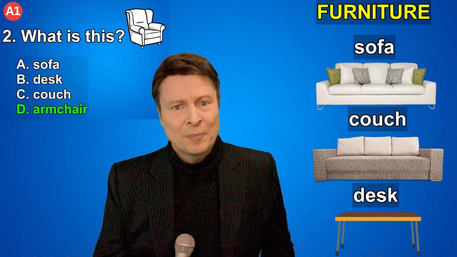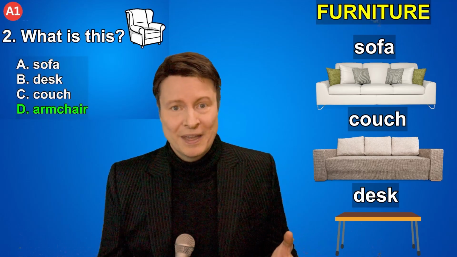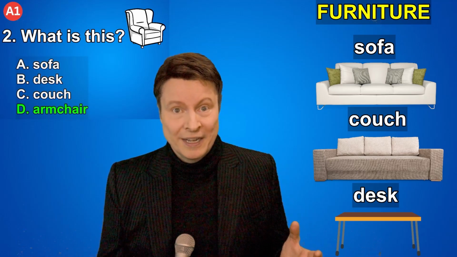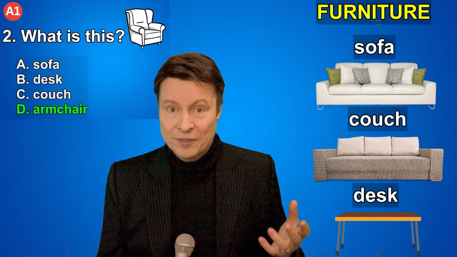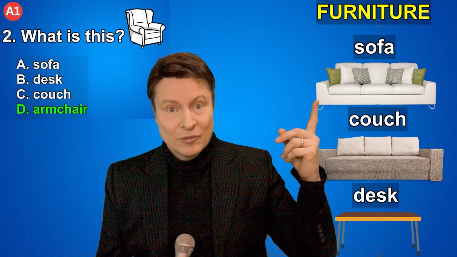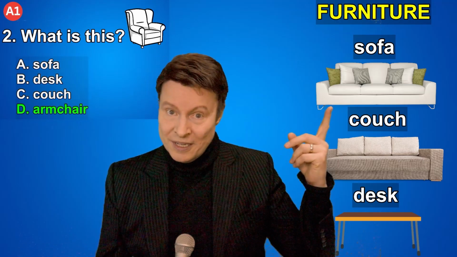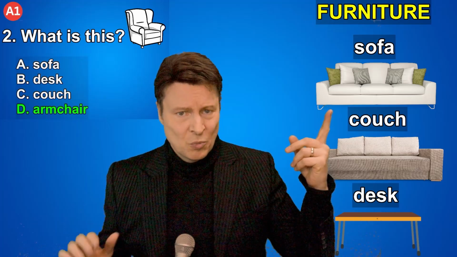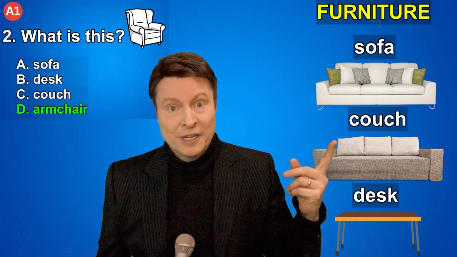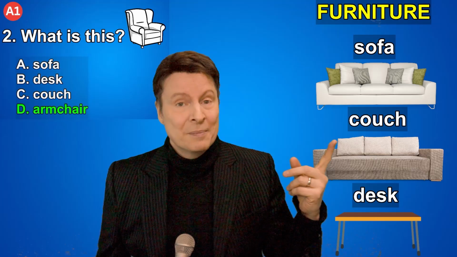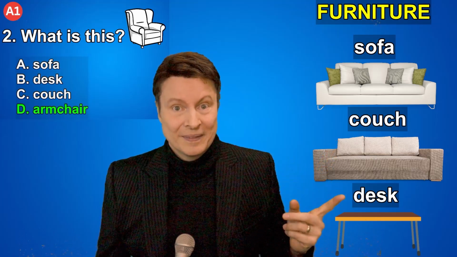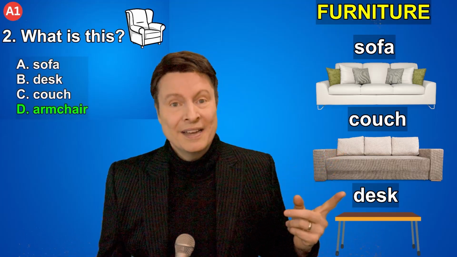So this is part of basic vocabulary that people learn when they're studying English. And this has to do with different kinds of furniture. Sofa, which is usually in the living room. It's something that's more for guests. Couch in the family room so that anybody can sleep on it or sit on it. And desk.